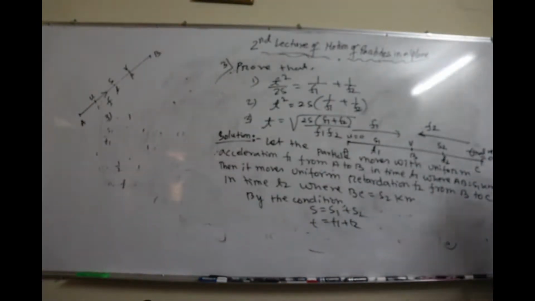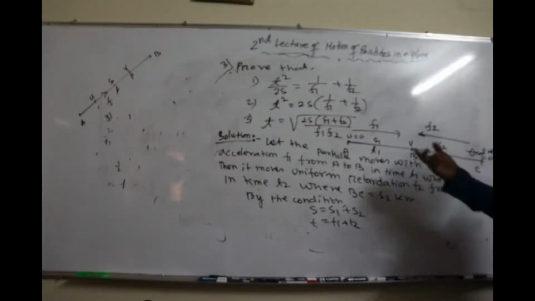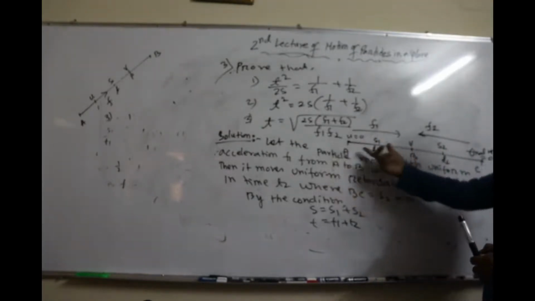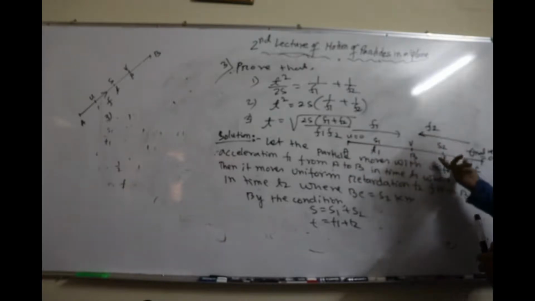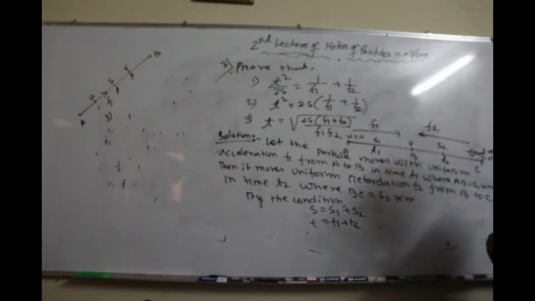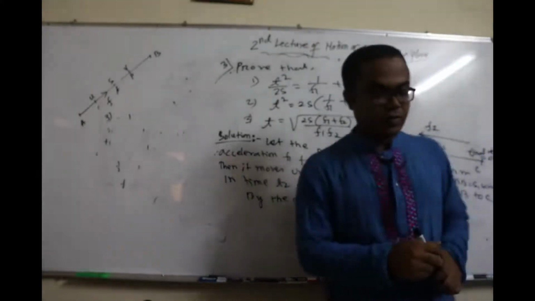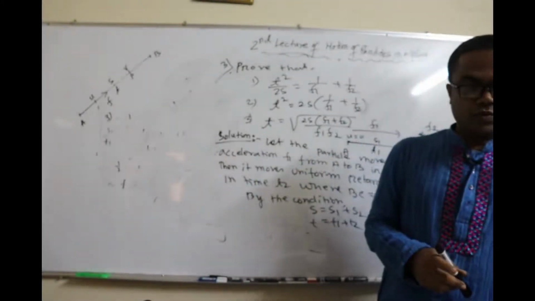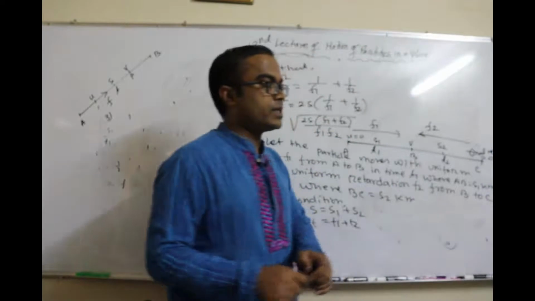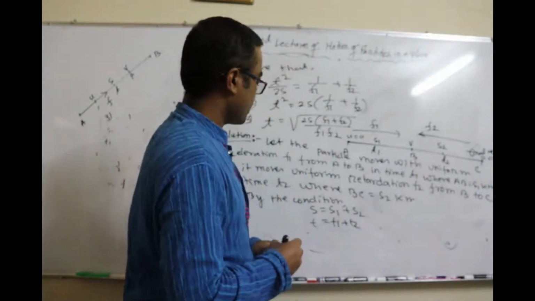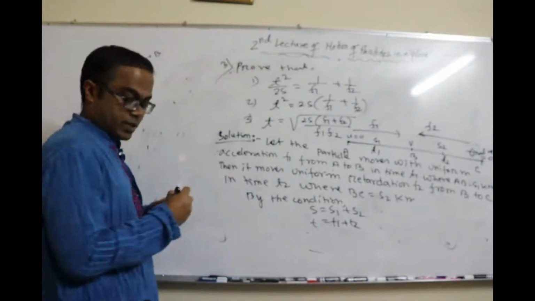Now you can try the same way for the first part AB and the second part BC, and find the velocity V equal to U plus Ft.